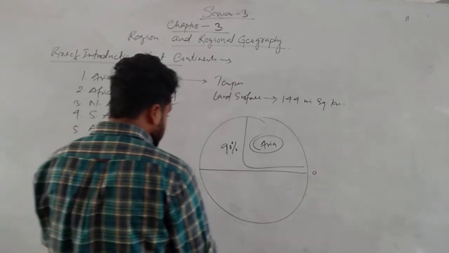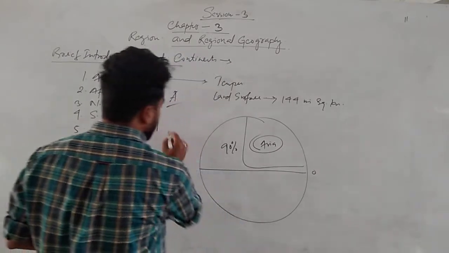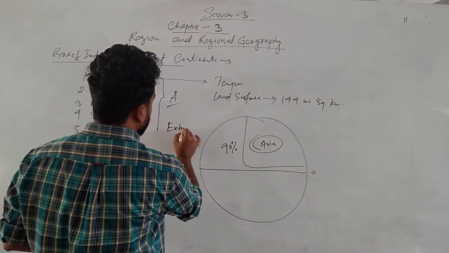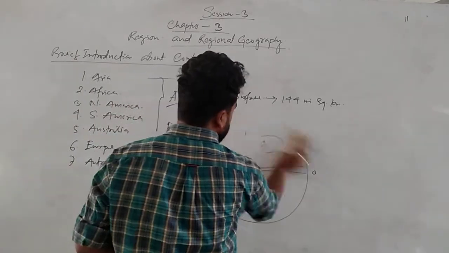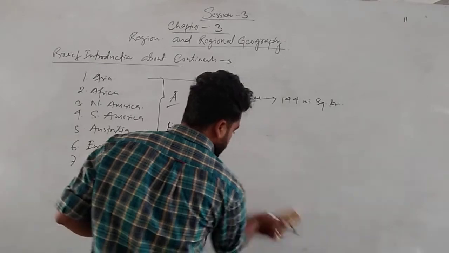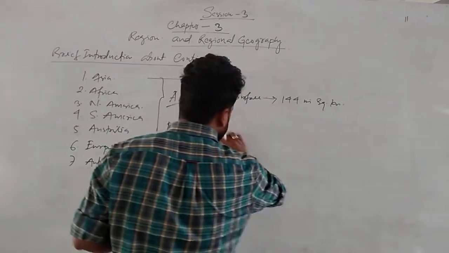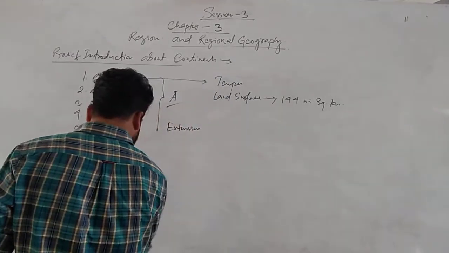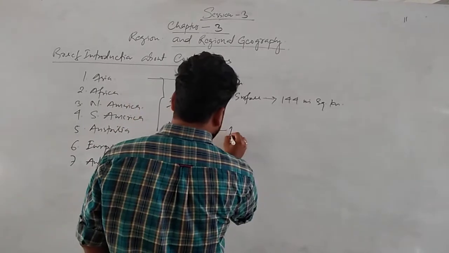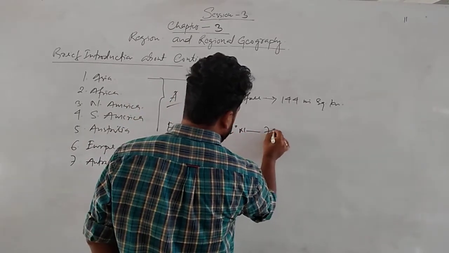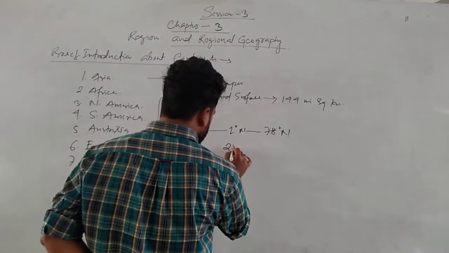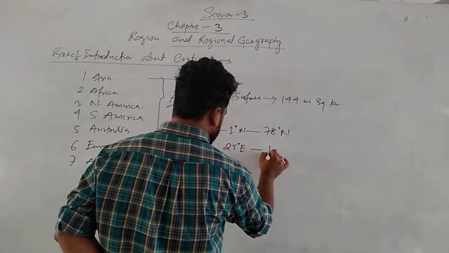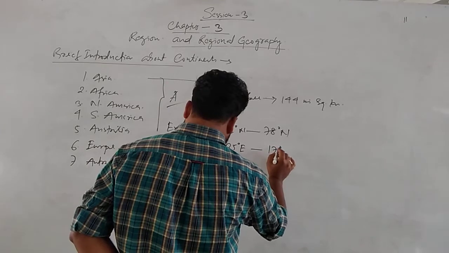We'll see the extension. Extension means from what degree to what degree Asia extends. Generally from 1 degree north to 78 degree north, and 25 degree east to 170 degree west.